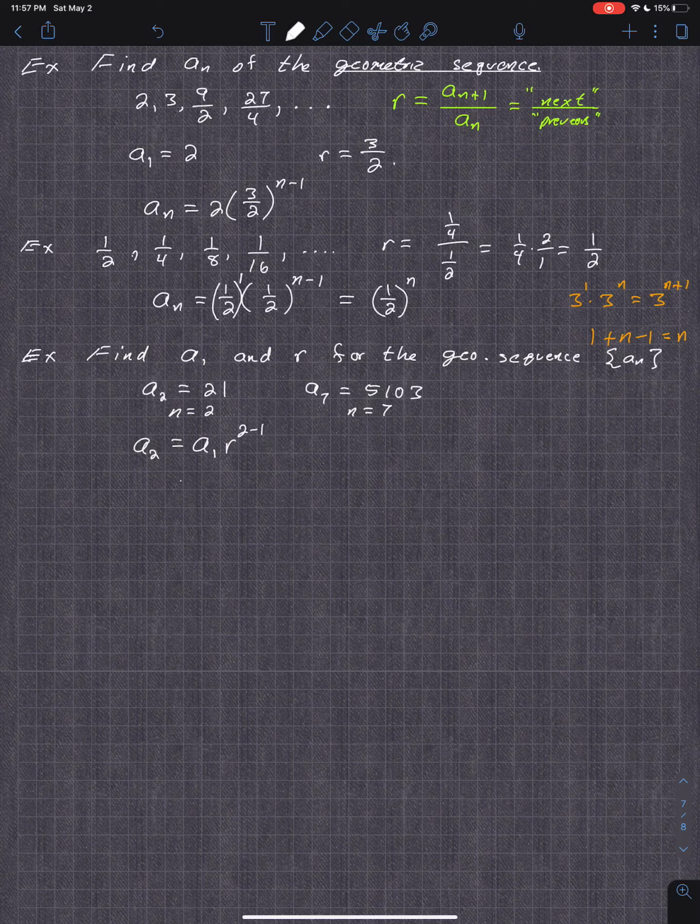So that's just going to be A1 times R. But A sub 2 is 21, so you can put 21 there. Okay, then similarly above, you have A7 is equal to A1 R to the 7 minus 1. But A7 is 5,103, and then that's A1 R to the 6th.